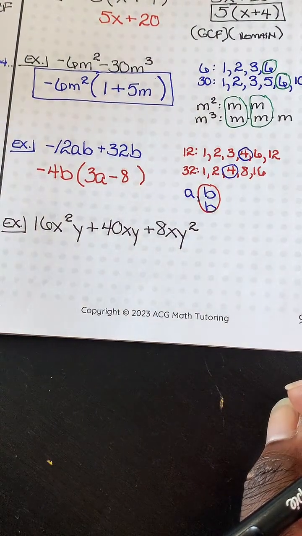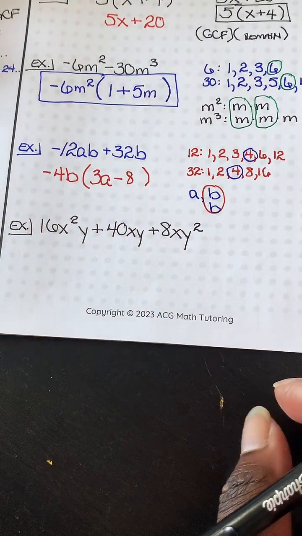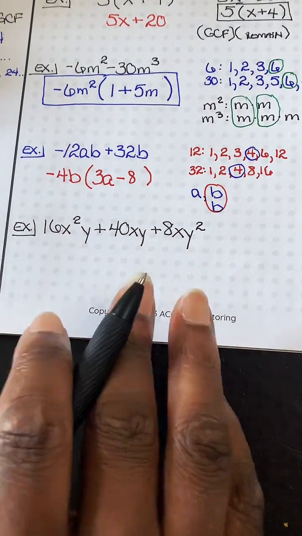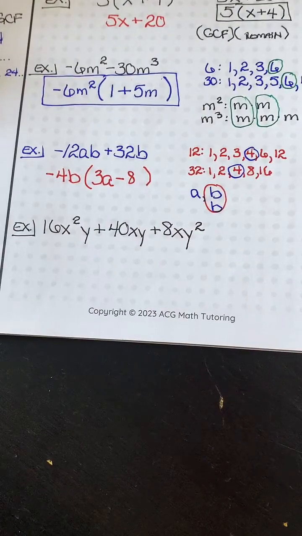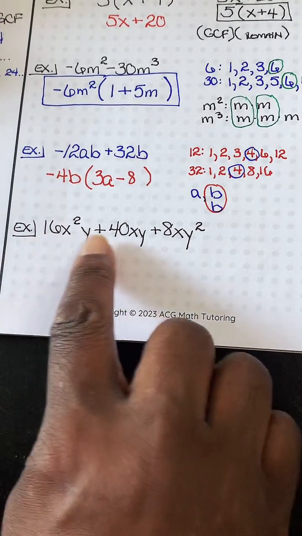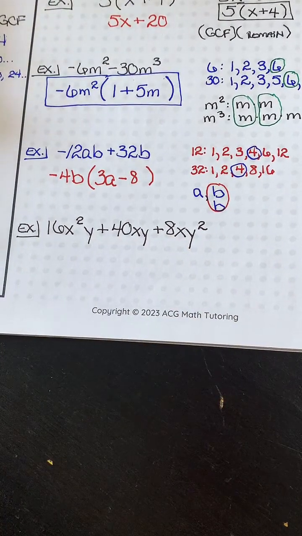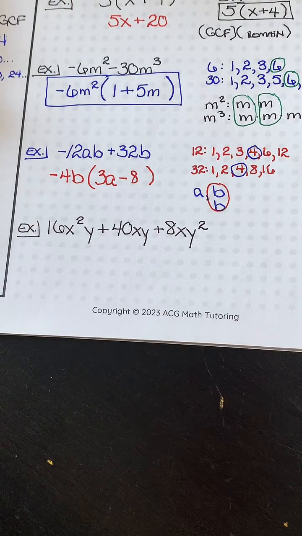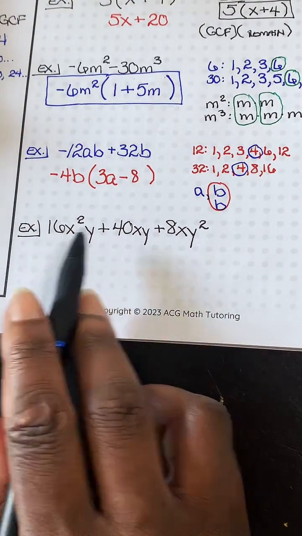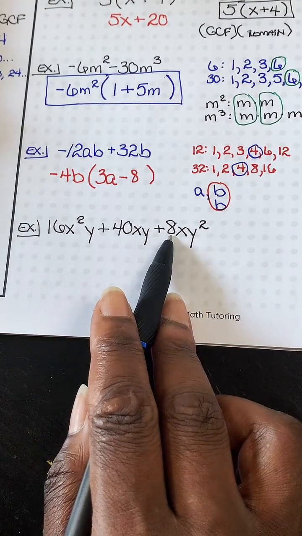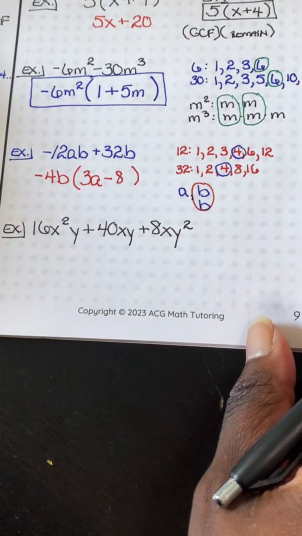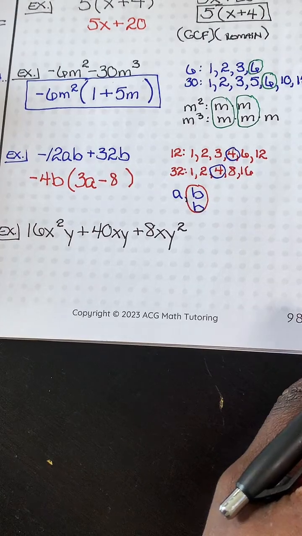All right, so now let's take a look. One, all of the numbers are positive. Now we have our 16, our 40, and our 8. So we can think of our multiples of 16.